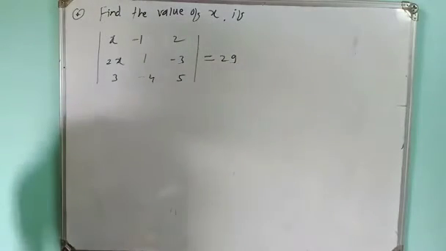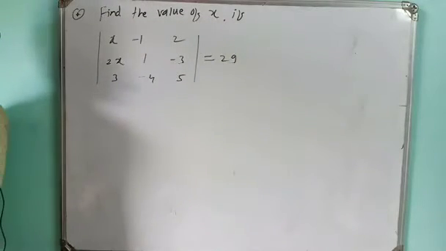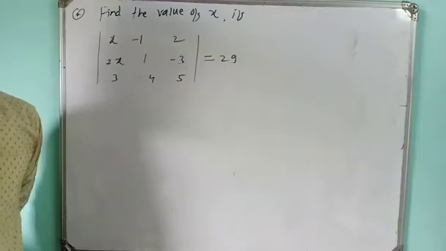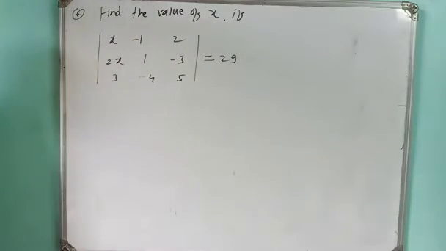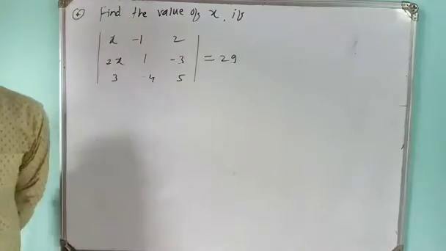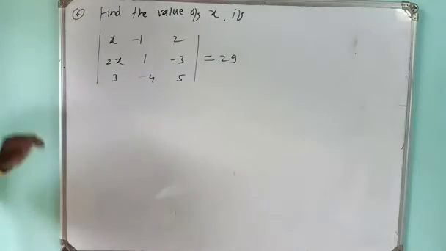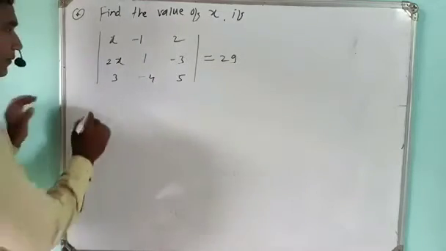That is the answer, and we are interested in finding the value of x. The same question is asked in a different manner. This is the question asked here, but in a different manner. So how to solve that one? Very simple one.